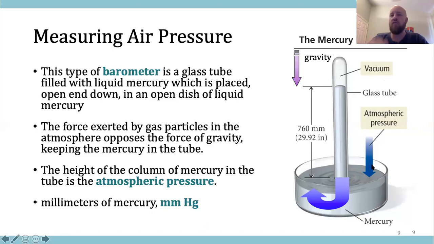If the atmospheric pressure drops, then the height in the tube goes down, because the atmospheric pressure is not pushing down as much. If atmospheric pressure pushes down more, it pushes the mercury up higher in the tube. And so we're able to equate atmospheric pressure directly to the height of the mercury in the container.